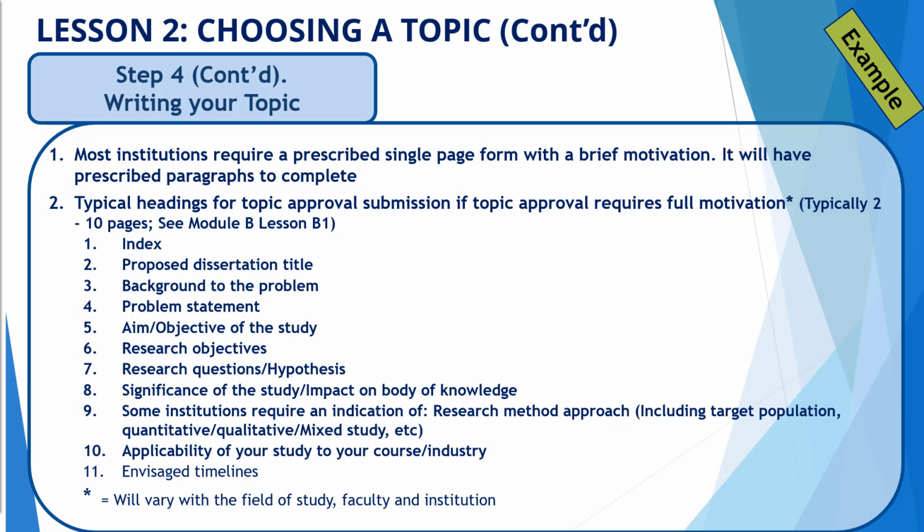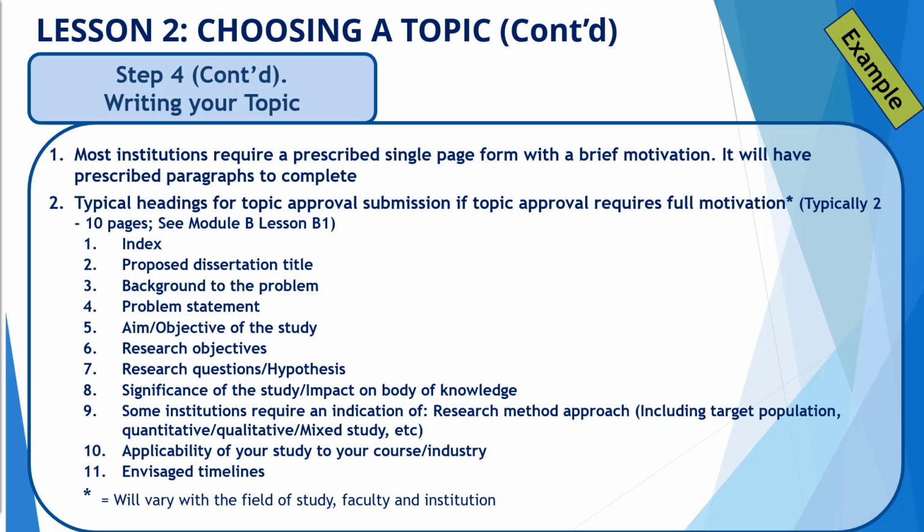And then point number 10, you're going to also have to tell the academic panel what the applicability of your study is going to be to your course or to the industry. So this almost relates back to that significance of the study, but they want to ensure that you're going to make a contribution to your industry, and that your topic title will actually fit in with your course, perhaps with your department or something like that.